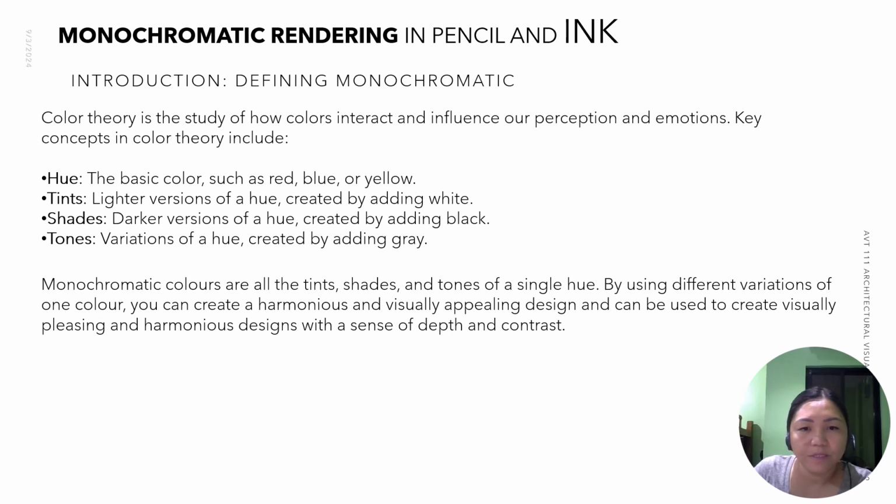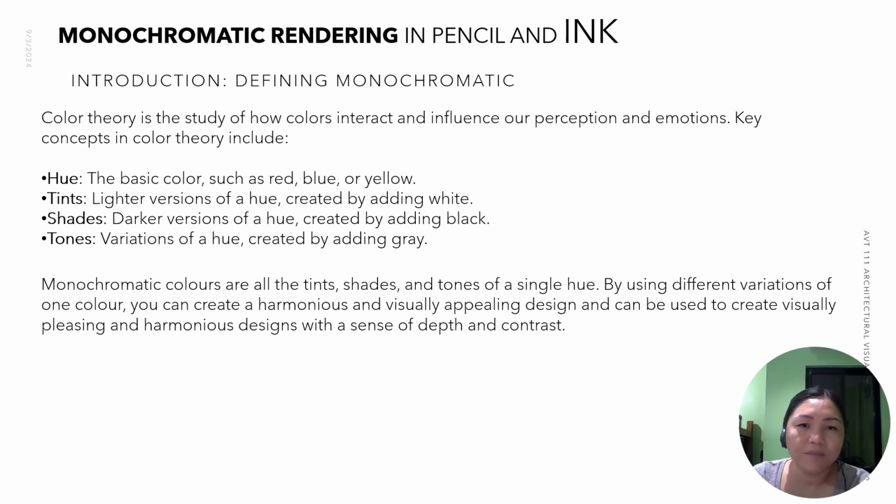Monochromatic rendering in pencil. So let's define monochromatic. Monochromatic rendering is a very powerful visual technique in architecture. It involves using a single color or varying shades of one color to create depth, contrast, and atmosphere in the architectural visualization.